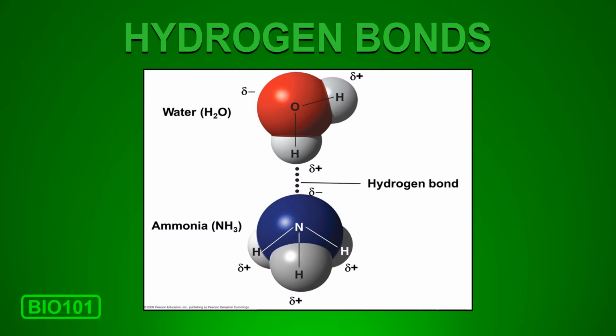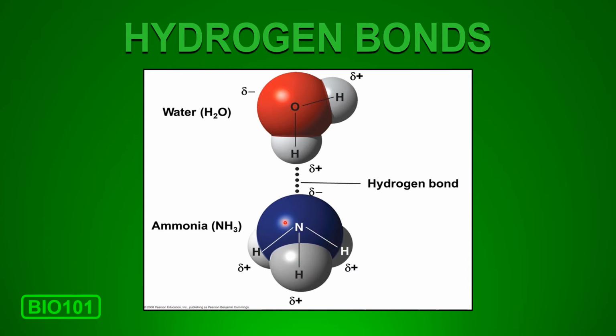So here we see once again water, with its differential charges, positive, positive, negative there. Look at ammonia here. Ammonia is a nitrogen atom bonded to 3 hydrogens. Okay, and so these are going to be covalent bonds between the nitrogen and the hydrogens.